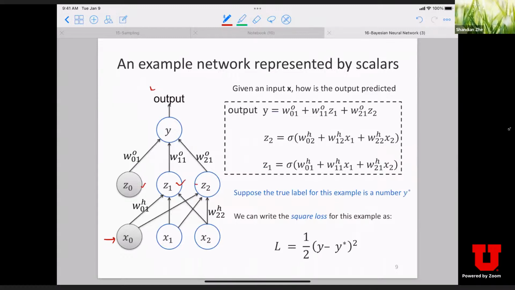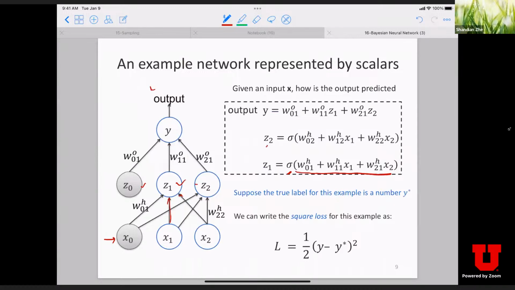For example, if you want to compute Z1, you first do a linear combination of the incoming neurons through the weights on the connected edges. Then you apply a nonlinear activation function, sigmoid, and you get the value of neuron Z1.